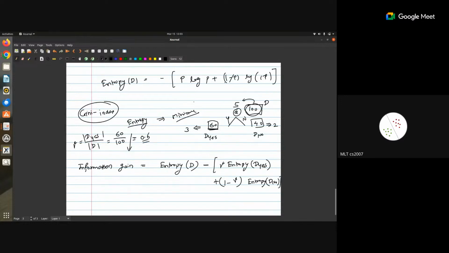Initially we had 100 data points, and now on the yes side it gives some fraction, how many data points go to that side, and we multiply it with the entropy. So initially my entropy was 5, minus 0.6 times 3 plus 0.4 times 2.